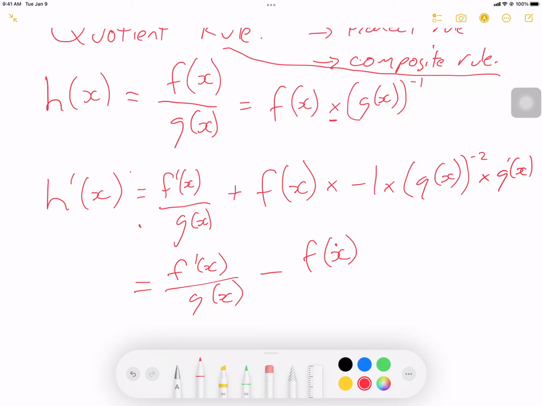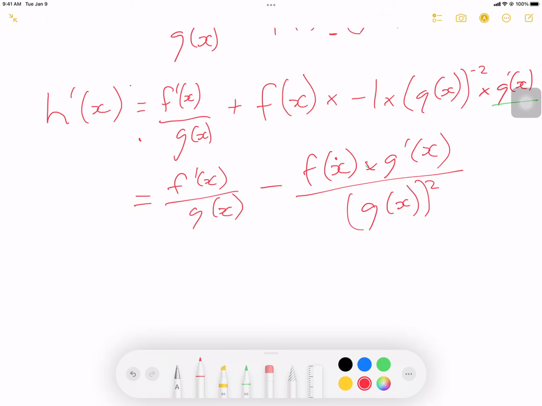I'm going to take that g dash of x from there and put that at the top, times g dash of x, all over. Now notice that my g of x is a -2, so that could be g of x all squared on the bottom.